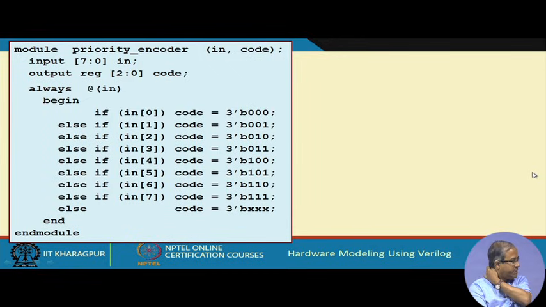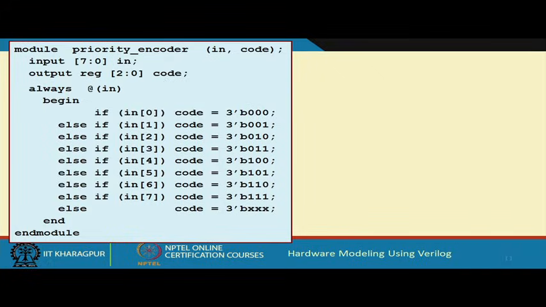Fine. This is another example of a priority encoder. This priority encoder has 8 inputs and it has 3 outputs. So what is a priority encoder?